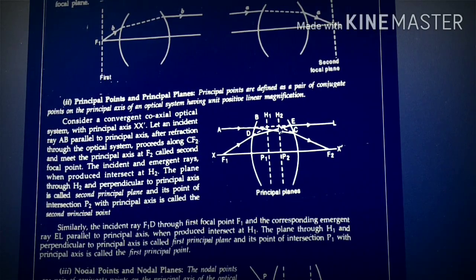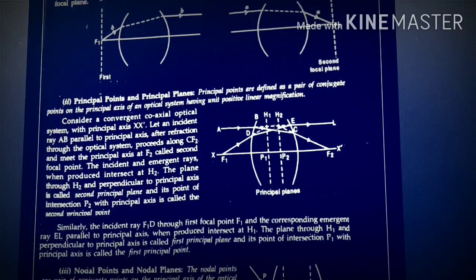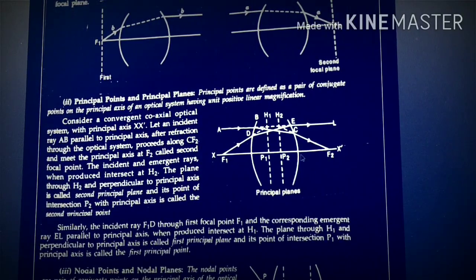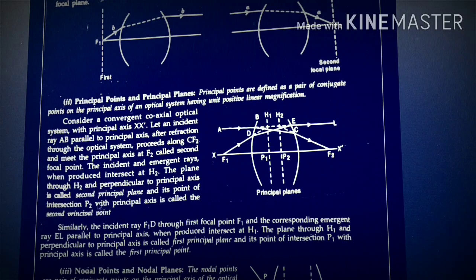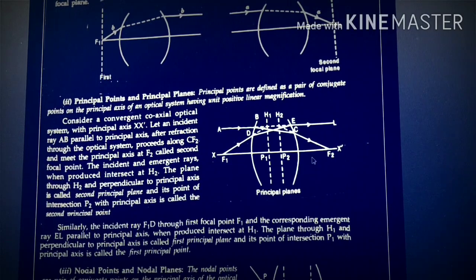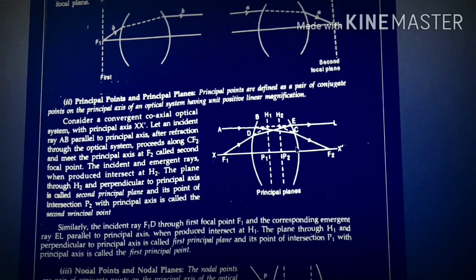The plane through S2 and perpendicular to the principal axis x dash is known as the second principal plane, and its point of intersection with the axis is P2. This point is known as the second principal point.